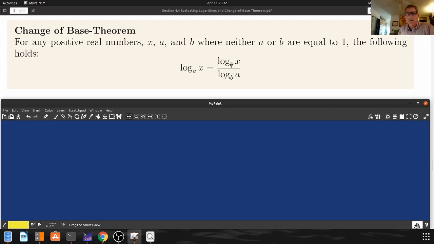It's equal to log to the base b of x divided by log to the base b of a. So let's use that formula. I'll write it here. Change of base formula: log to the base a of x is equal to log to the base b of x divided by log to the base b of a.